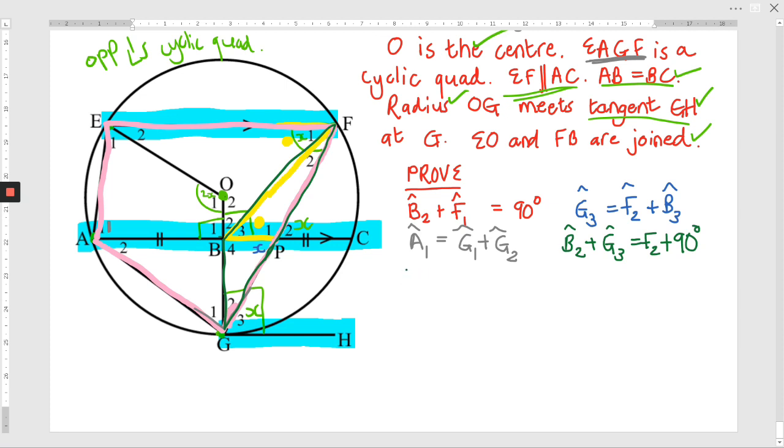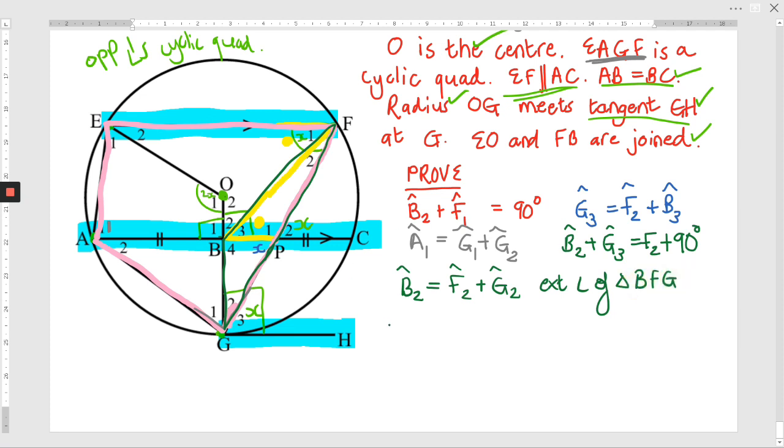In the triangle BFG, I'm going to say angle B2, because I'm trying to get close to G, equals F2 plus G2. And that's because they are exterior angles of a triangle. Sorry, B2 is an exterior angle, and I'm going to name the triangle BFG.